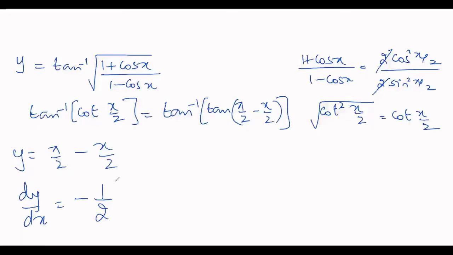Okay, now let me clear this. Next question: y is equal to cos inverse of square root of (1 plus cos x) divided by 2. So what is (1 plus cos x) by 2?